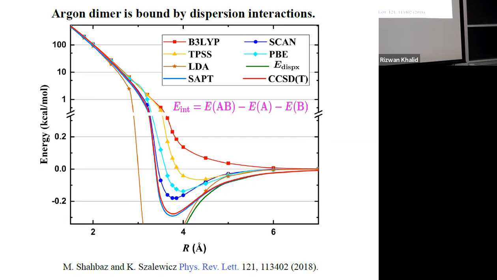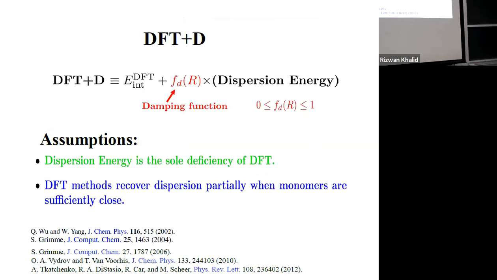I have tested a number of methods, including LDA, GGA, meta-GGA, and even hybrid methods. Due to the short-sightedness of holes, there is a class of DFT methods called DFT+D methods, which correct DFT for the dispersion energy.